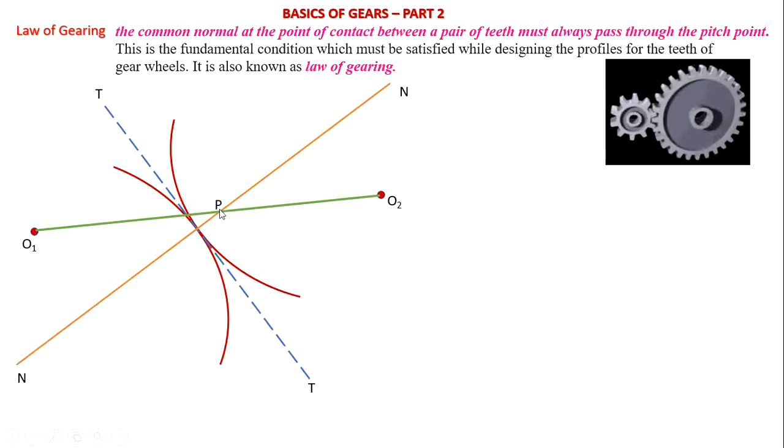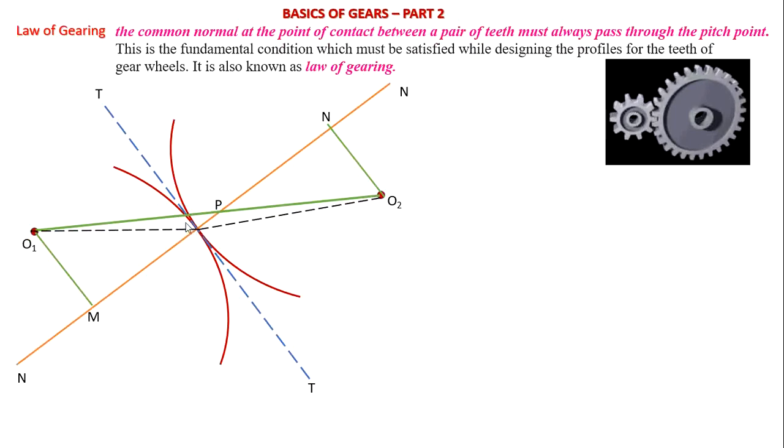Take that point as P, and drop a perpendicular line to the normal like this. So now if I join the center O1 to this point and center O2 to this point, that is the common point where the two surfaces meet.